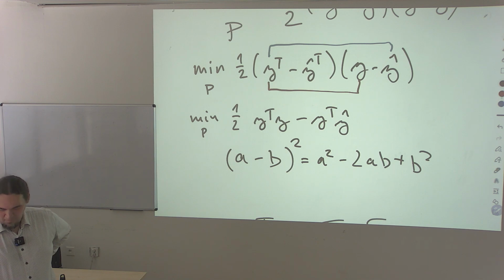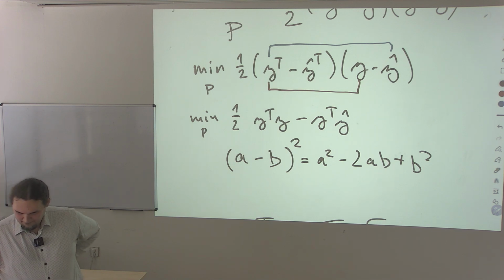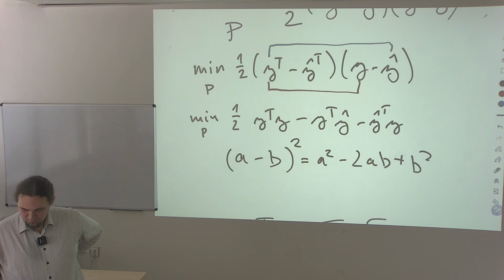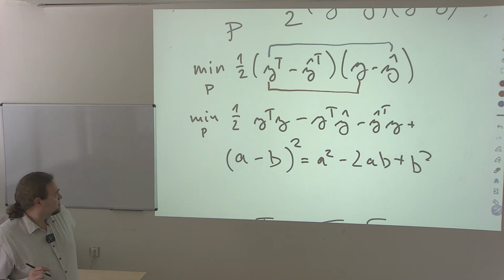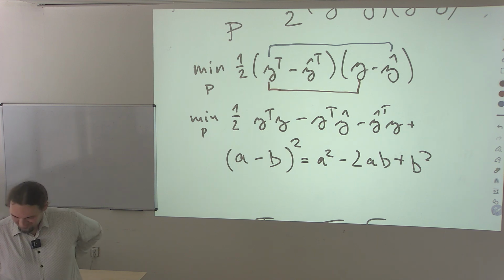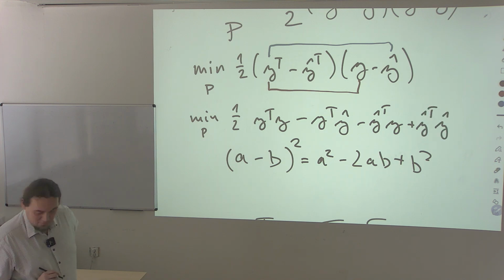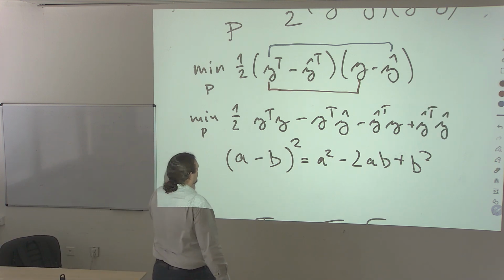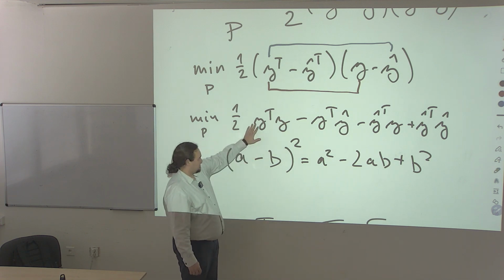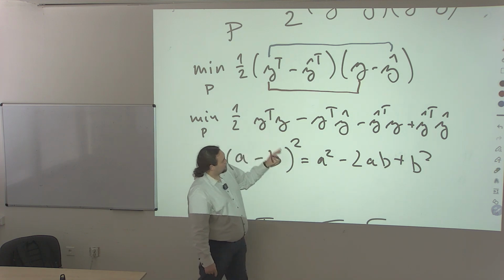And now minus y hat multiplied with y. And the last one is plus those with the hats multiplied together: y hat transpose y hat. Exactly. Yeah, and we really obtained some equivalent of this formula.